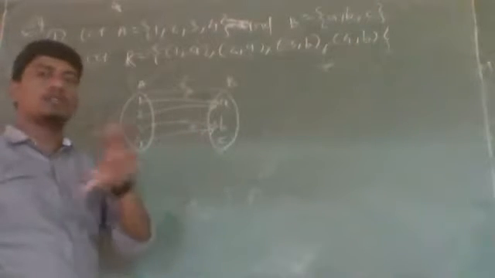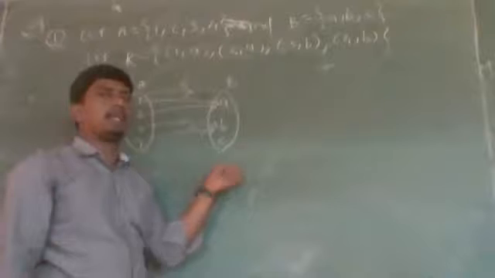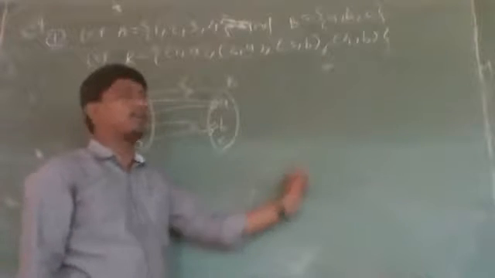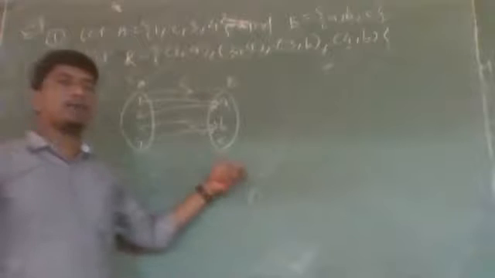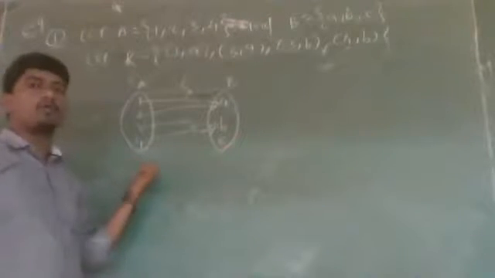Now, any subset of A cross B is said to be a function if it holds two conditions. First one is, for any element a belonging to A, there exists an ordered pair (a, b) belonging to F for some b belonging to B. So here each element in A has an image in B. So the first condition holds. Now we have to check the second condition. That is, if (a, b) belonging to F and (a, b dash) belonging to F, then we have to check whether b equals b dash.